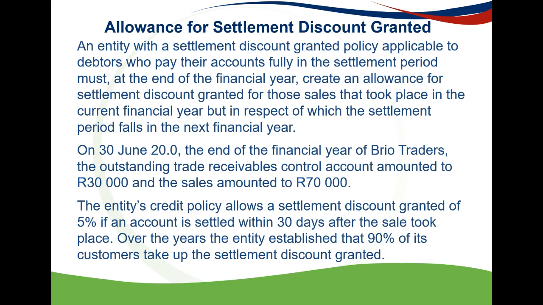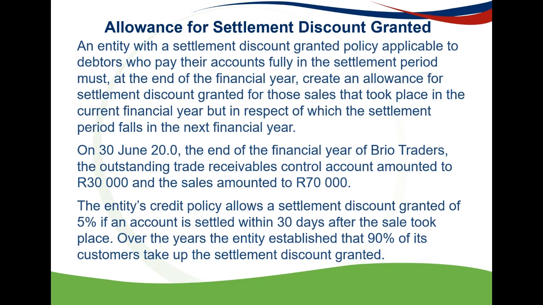Although they might have that one month period to pay you, they might also pay you within 15 days. But that 15 days is already going to be in your following financial year. Now, to provide for those, that's where we have to create an allowance for settlement discount granted.